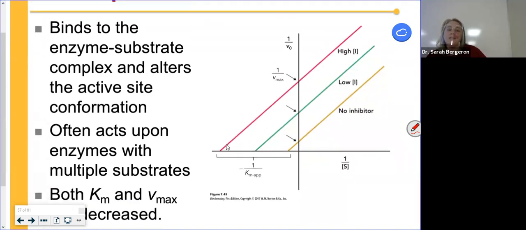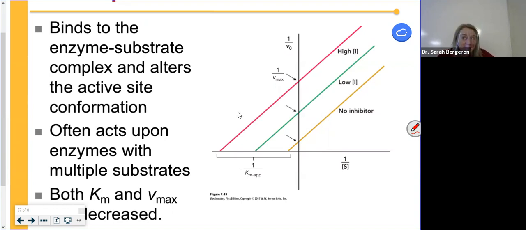So if you look at this, what do we notice here for our Km values? All of our Km values are different, and all of our Vmax are also different, right? So can you explain why? Because you've got less substrate binding. You do have less substrate binding to the enzyme, but the inhibitor can bind to the enzyme substrate complex.